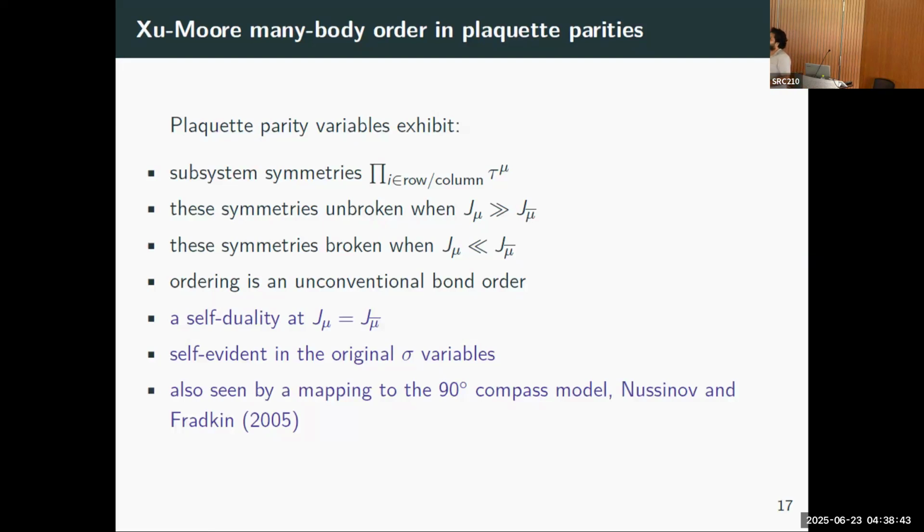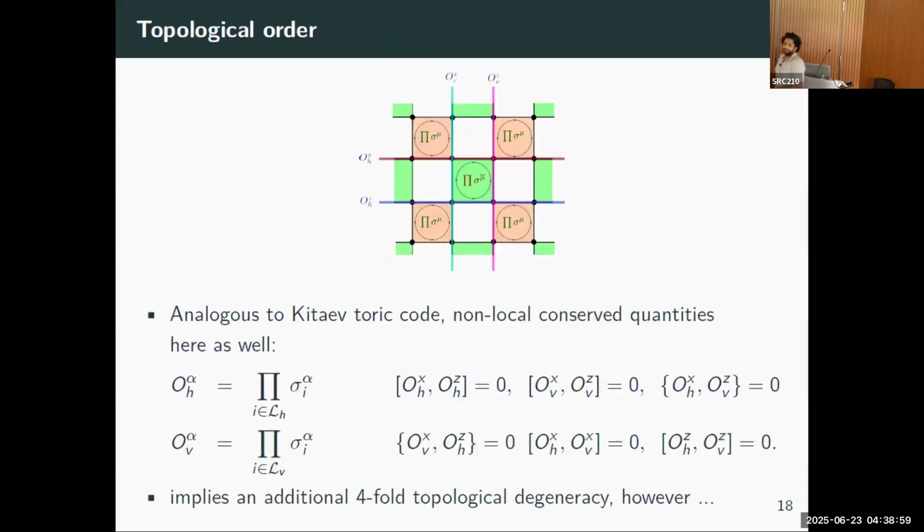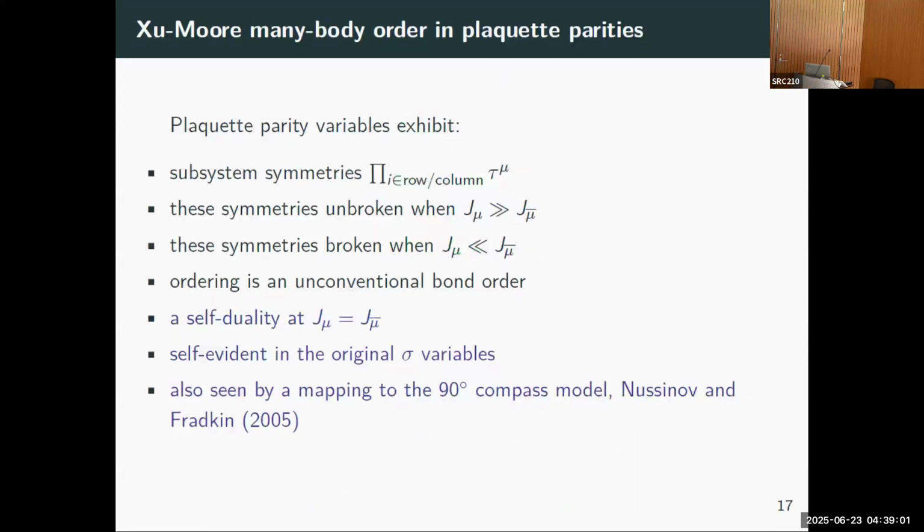Somewhat unusual dualities becoming self-evident in some expanded Hilbert space might be an alternate general way of thinking about known dualities. So the model is critical. They wrote down the expected criticality, but I'm not too familiar with that, I have to say.